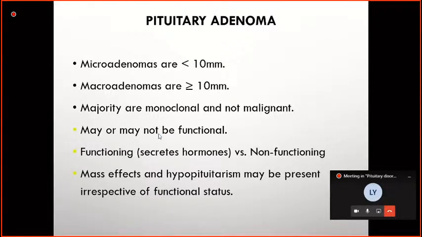When you talk about prolactinoma, it's the same concept. When you talk about acromegaly, it's the same concept. The only difference is the hormone functions themselves. Other abnormalities are the same. The mass effects are the same.